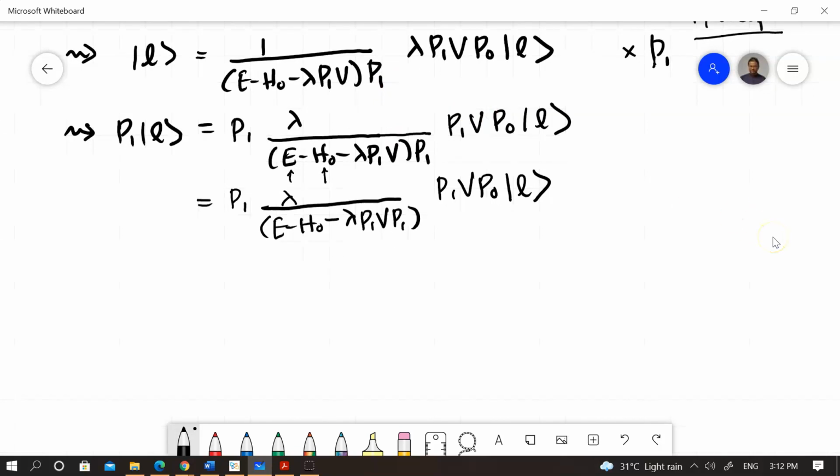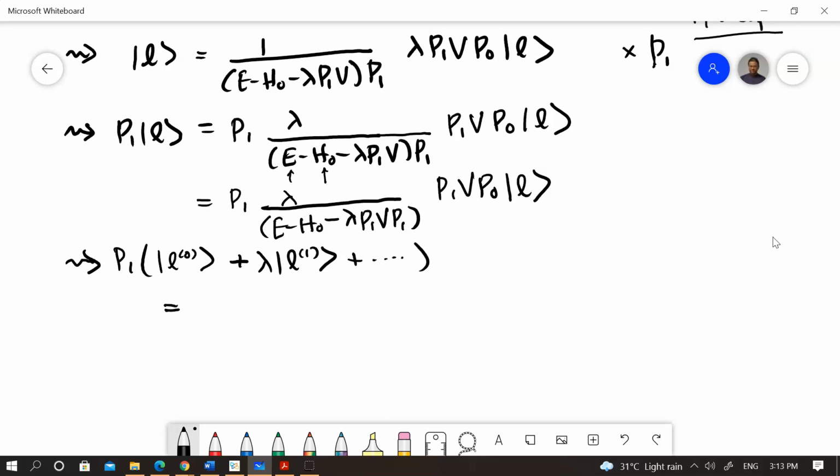Once you have that, then you remember that I'm going to put this L in terms of a power series in lambda. So P1, and then this is L naught plus lambda L1, the first order correction, and then higher orders.